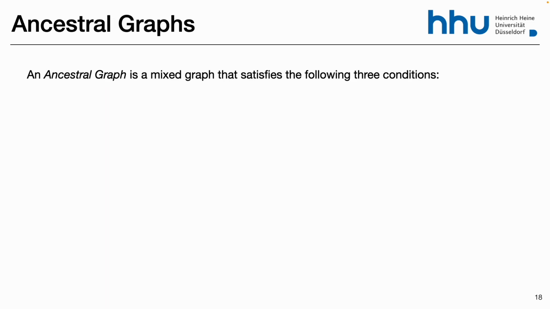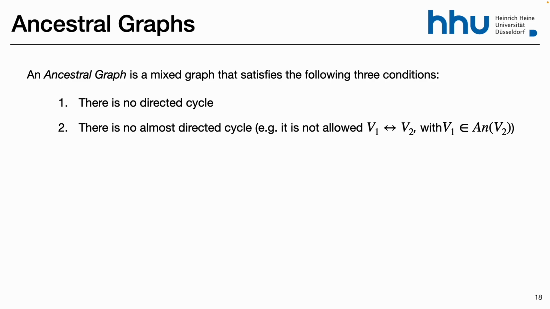Okay, so now we define what an ancestral graph is. An ancestral graph is a mixed graph, but it has to satisfy three additional conditions. First, it cannot have cycles as before, directed cycles, but also cannot have an almost directed cycle. I'm going a bit ahead here with this definition, but it's a case where I have a cycle but I almost created it.